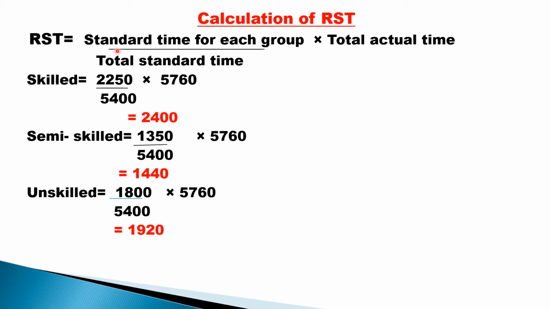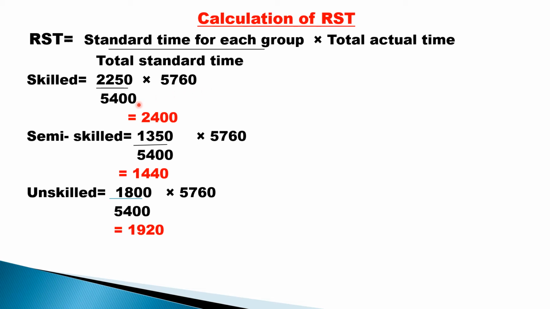Revised standard time is equal to standard time for each group, that is for each category: skilled separate, semi-skilled separate, unskilled separate. So standard time for each group divided by total standard time into total actual time. This is the formula to calculate RST. So skilled is equal to 2250, the standard time of skilled, divided by 5400, total standard time of skilled, semi-skilled, unskilled, into total actual time 5760.